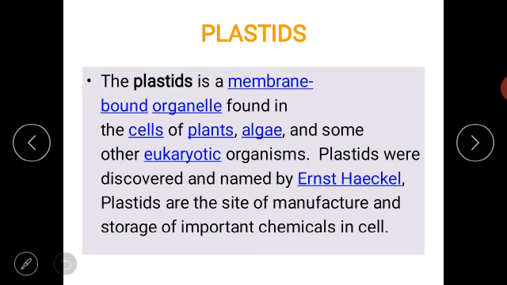The chloroplast is green in color, and the pigment present in it is chlorophyll, which entraps sunlight and carries out photosynthesis for the production of food. So please remember, the scientist who discovered the plastid is Ernst Haeckel, and plastids are present in plants, algae and eukaryotic organisms.